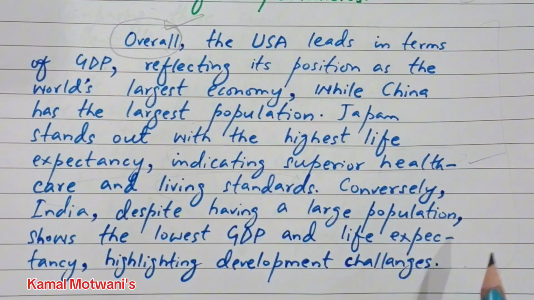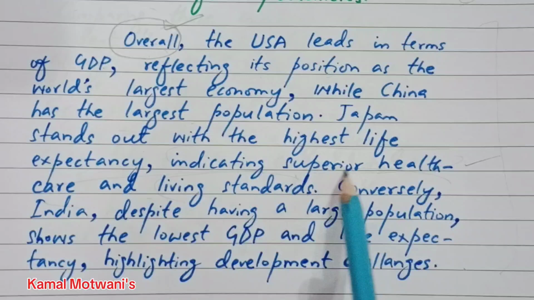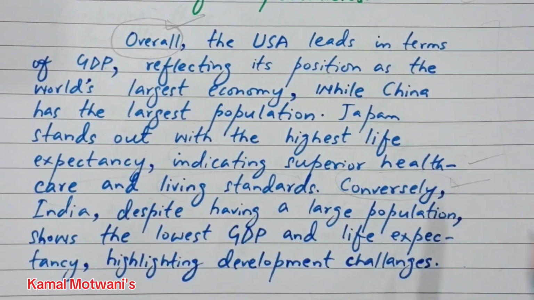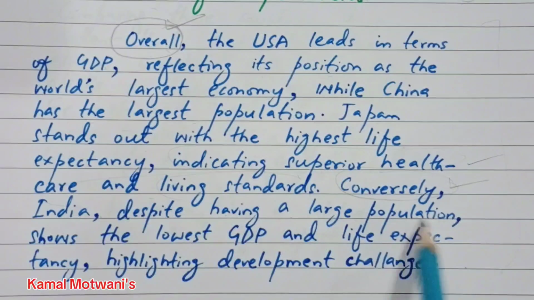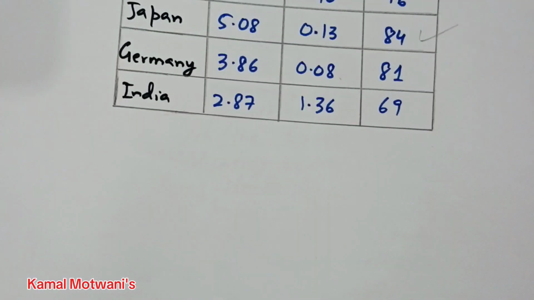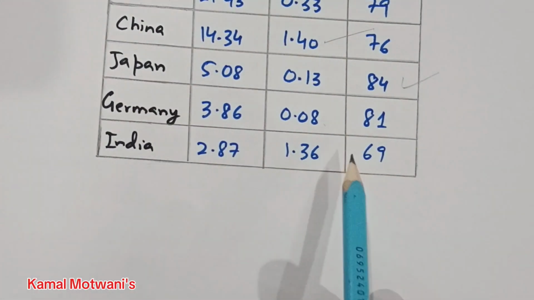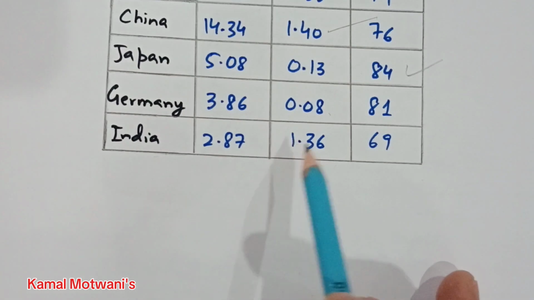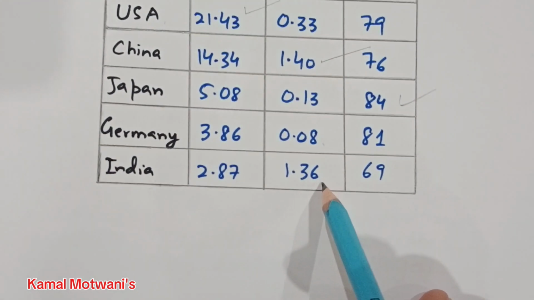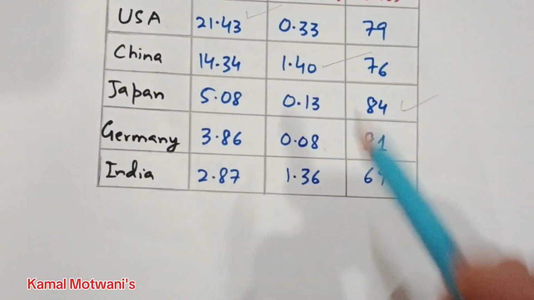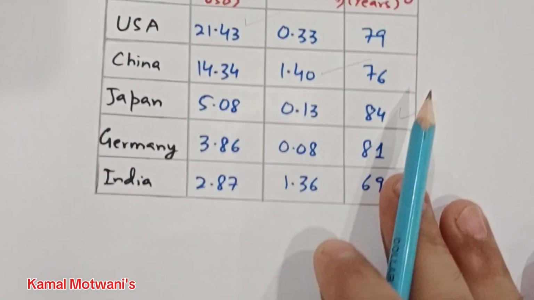Okay, let's move ahead. Conversely means on the other hand or in contradiction. India, despite having a large population, see, India has the large population. Why have we used this term large population?